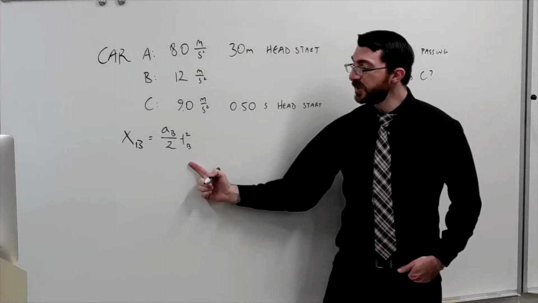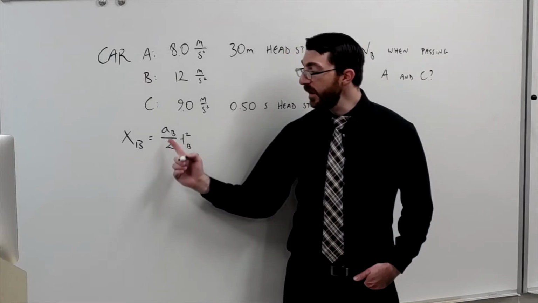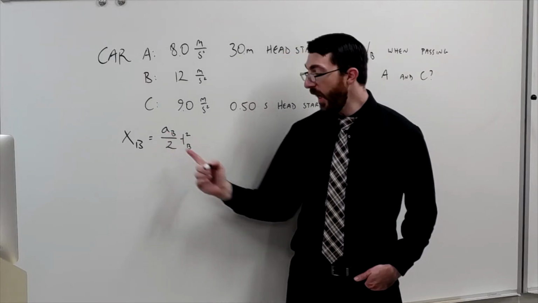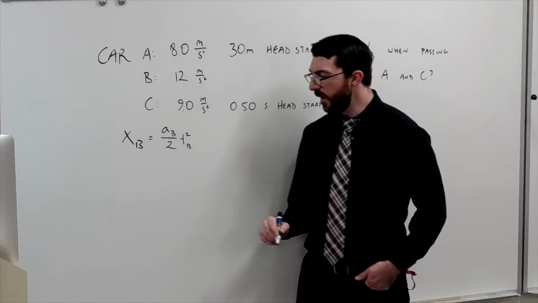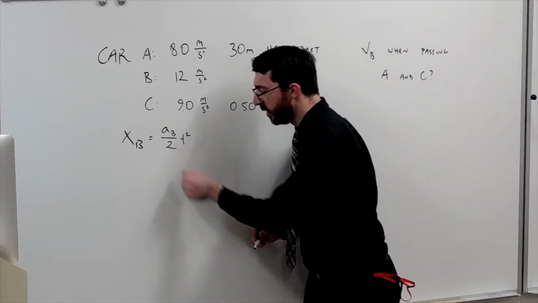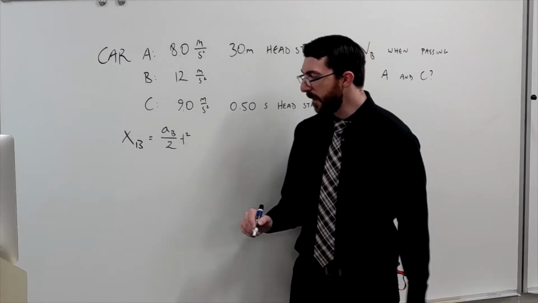This equation represents the position of car B given the acceleration of car B, and, well, I guess no car has its own time. I suppose I should just let t be t.